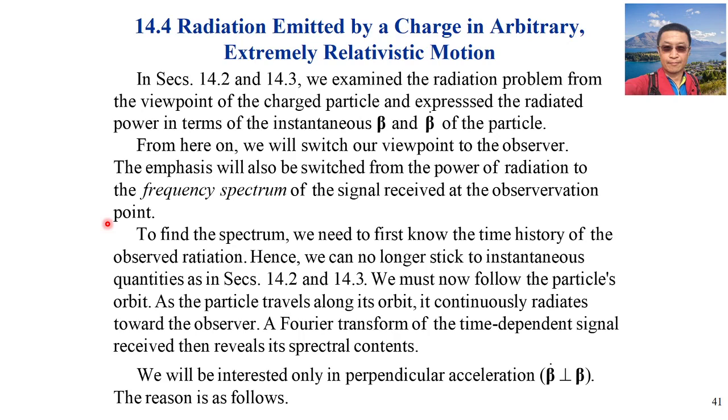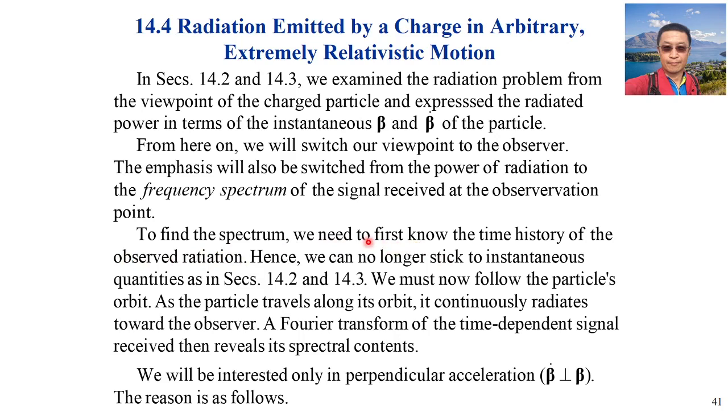One is to switch back to the viewpoint of the observer. Second, we switch from the power of radiation to the frequency spectrum of the signal. Okay? To find the spectrum, we need to first know the time history of the observed radiation. That is, from the time domain we convert to the frequency domain.